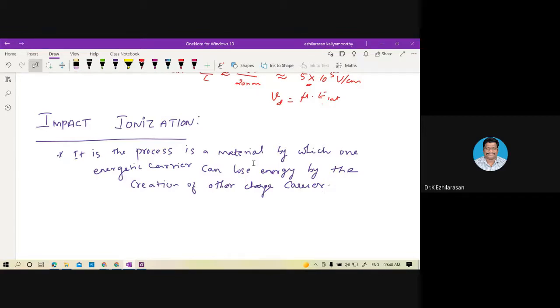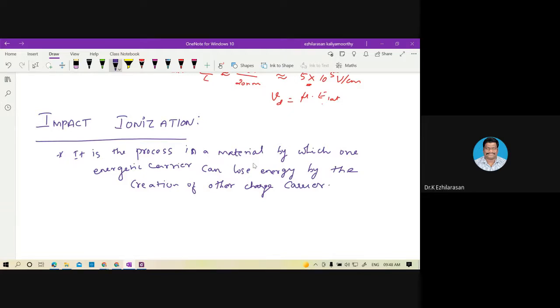Next thing is here, we need to say the impact ionization is nothing but what? It is a process in a material by which one energetic carrier can lose energy by the creation of the other charge carrier.